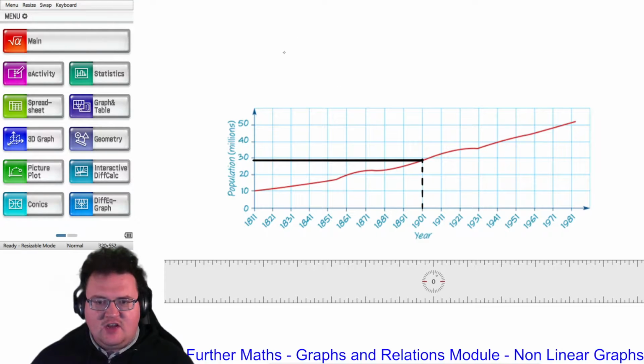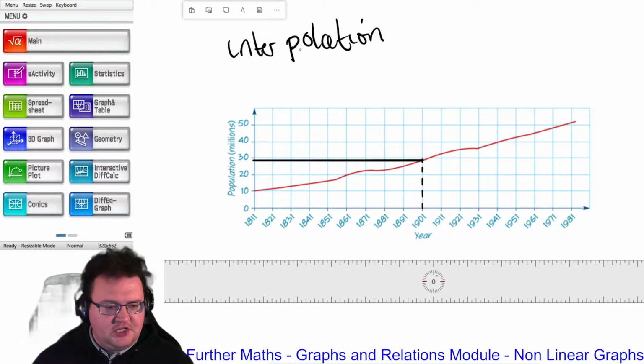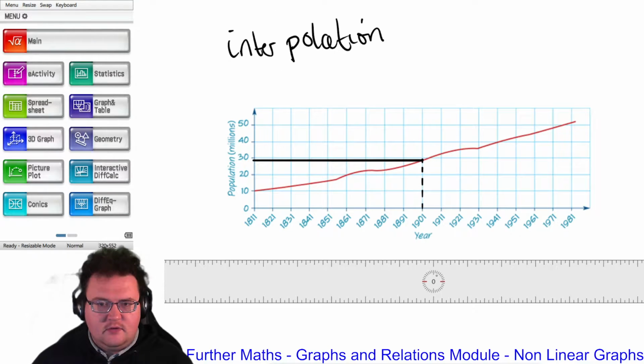Two words that end in polation. So I've got interpolation, and what's the other one?